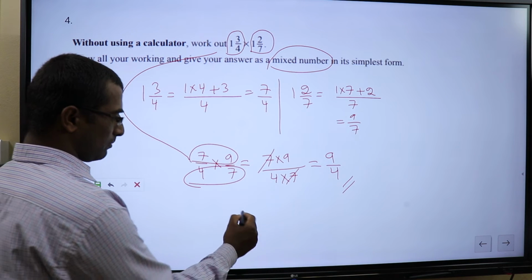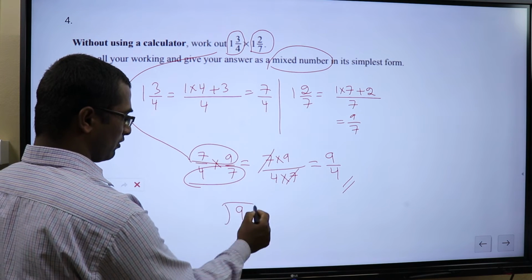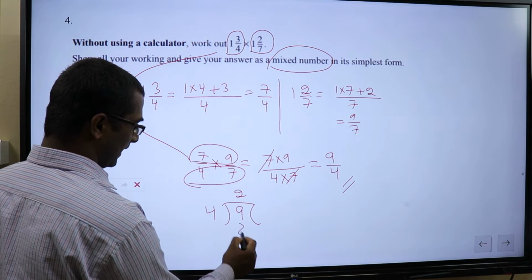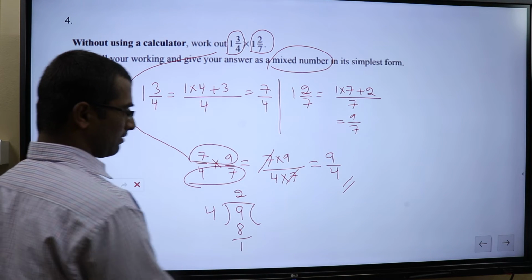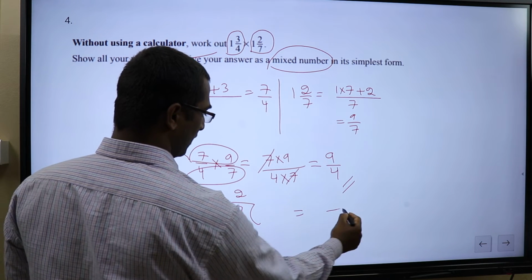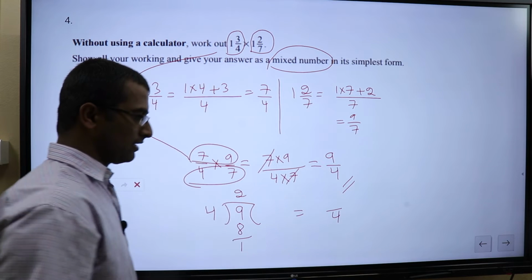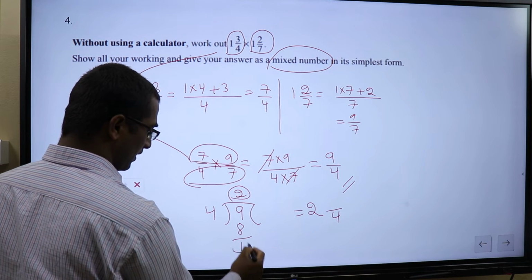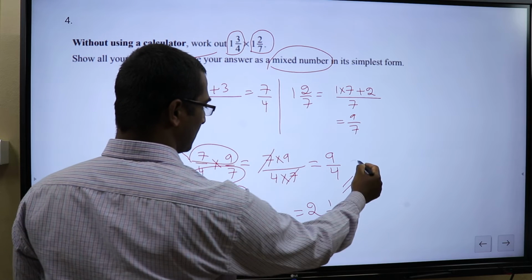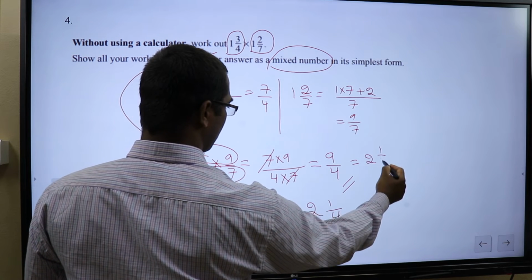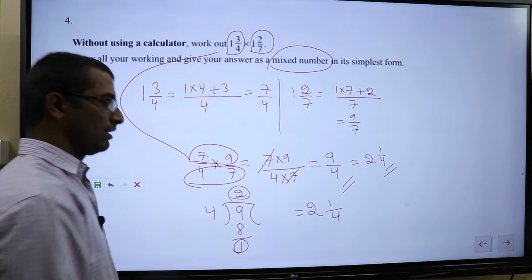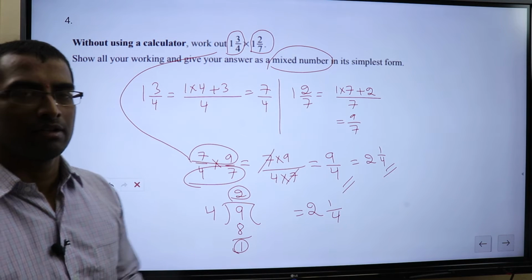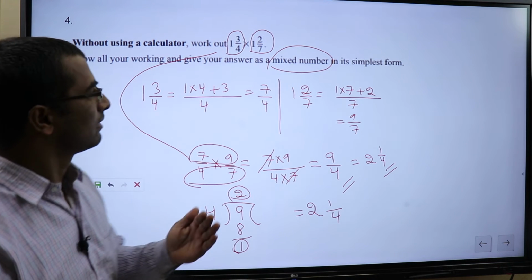To convert it into a mixed fraction, divide 9 by 4. 4 twos are 8, remainder 1. So the denominator will stay in the denominator. The quotient will come here, remainder will come here. So this is nothing but 2 1/4. This is how we convert improper into a mixed fraction. Okay. Next one.